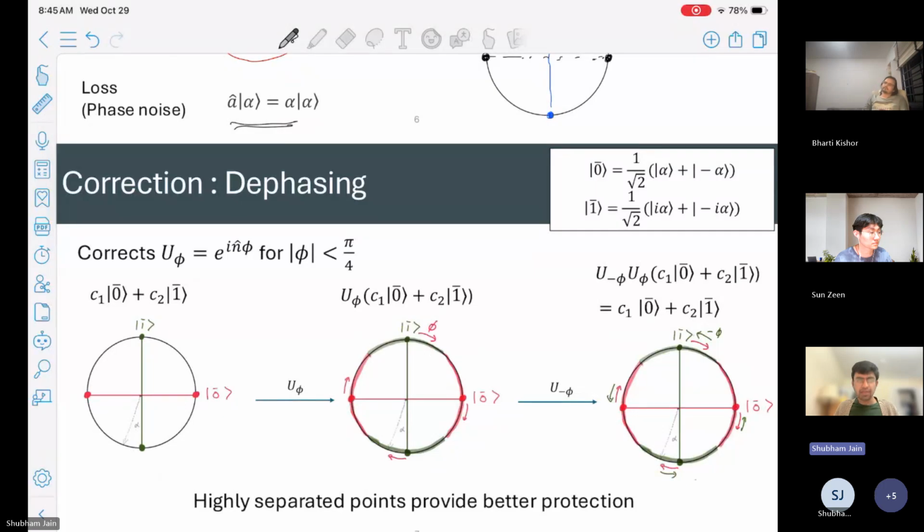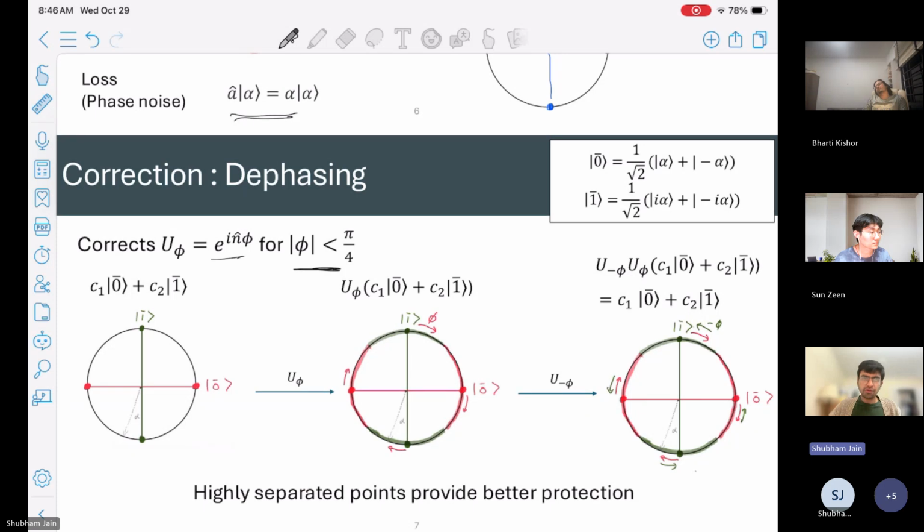So my first claim would be that this cat code protects against dephasing error of this sort for phi up to pi over 4. And this is not too hard to see because I said that this was our cat code. The red state is the zero state and the green is the one state.